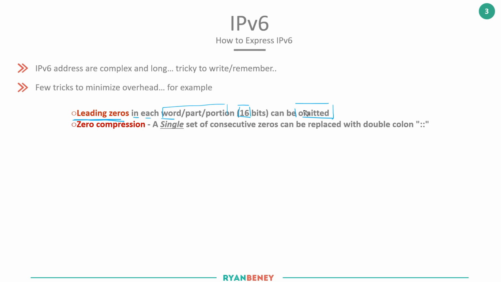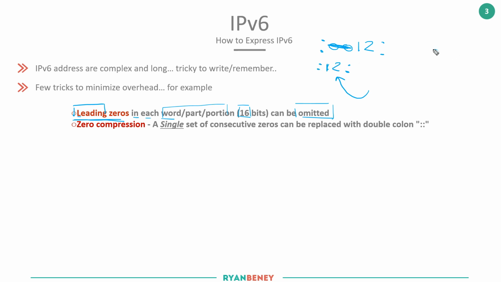However, if, for example, between these two colons you have something like 0012, then what this rule allows us to do ultimately is to remove these zeros and allow it to be presented like so. Now, because we're only allowed to remove leading zeros, the actual underlying application is able to look at this and assume that because there are 4 characters between each colon, there must be 2 leading zeros missing.